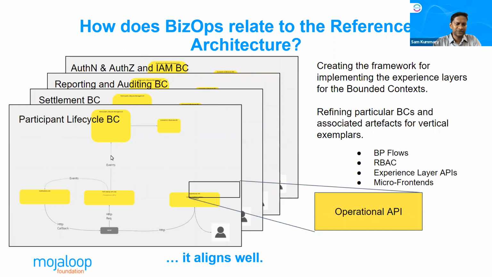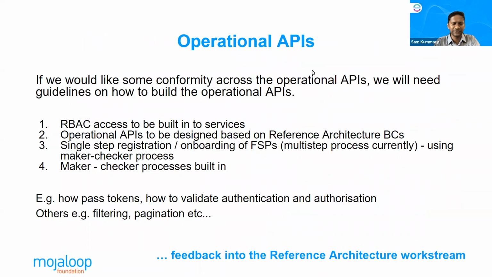And if you can go to the next slide, Paul. Because this involves more than one bounded context, we understand that there will be resources across several bounded contexts. And for conforming to best practices, we know that all these operational APIs need to have some guidelines.